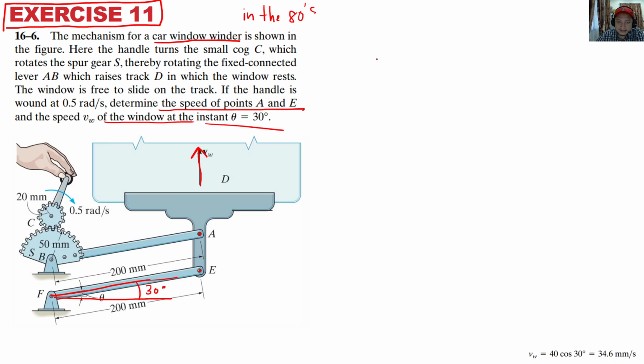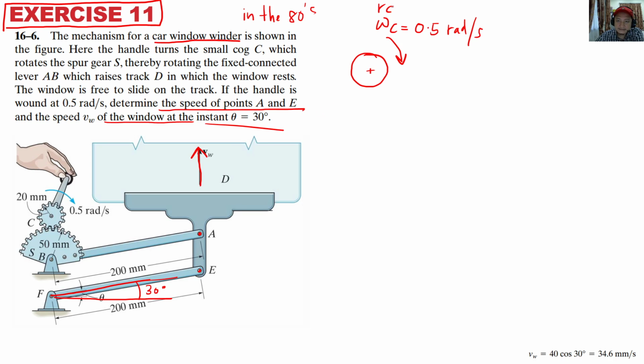Draw a circle. This one is rotating at, we have to give this a name, omega C, 0.5 radian per second.